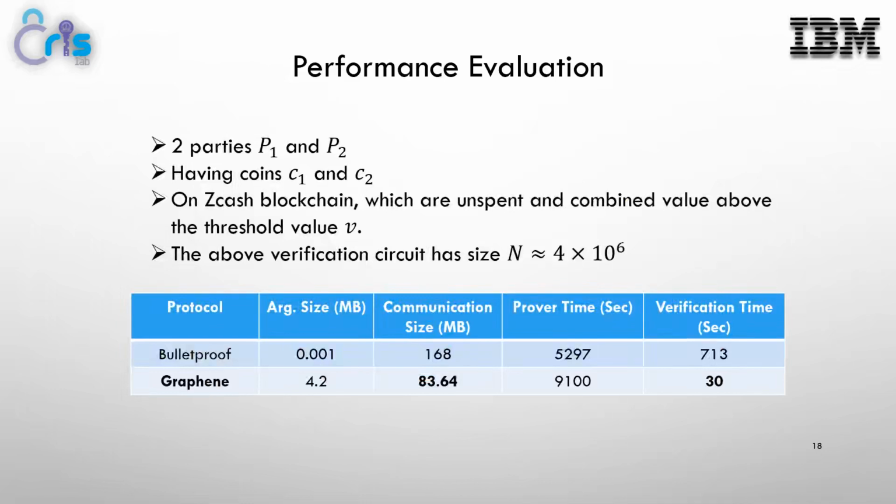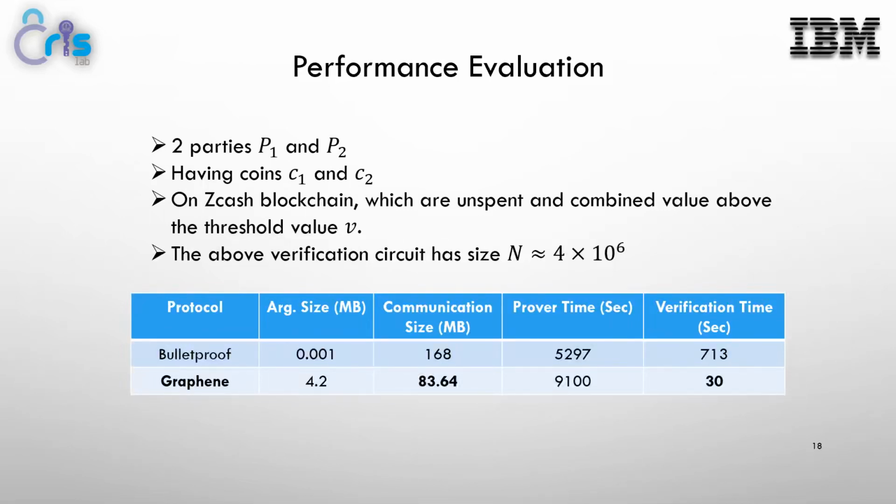Finally, in the distributed prover setting, we considered a Zcash network where two parties P1 and P2 have coins C1 and C2. Together they claim that the coins are unspent and the combined value of the coins is more than a publicly known value V. In the Zcash network, this claim can be verified by a circuit which is of size 4 times 10 to the power 6.